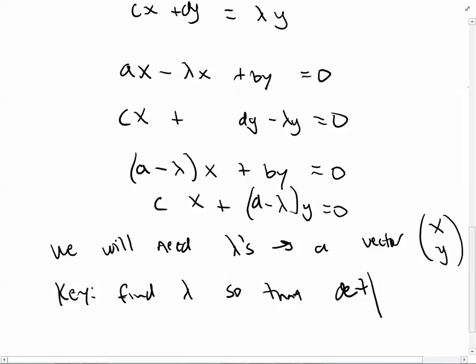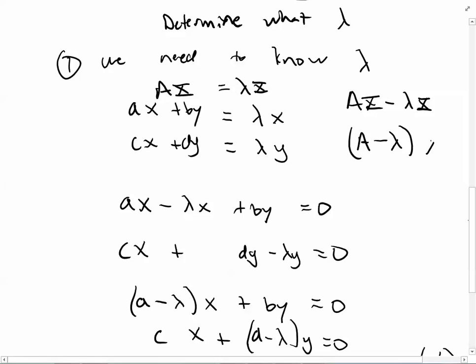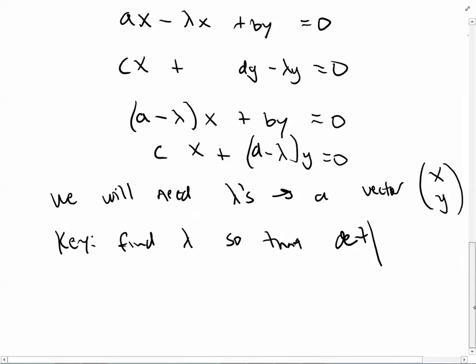This side is Ax, and this side is lambda x, so essentially we've subtracted lambda x from both sides, and then we're going to find the determinant of that result. We could also write this as (A minus lambda) times x and factor that vector out. So we want the determinant of that to equal 0, so that (x, y) is non-trivial.